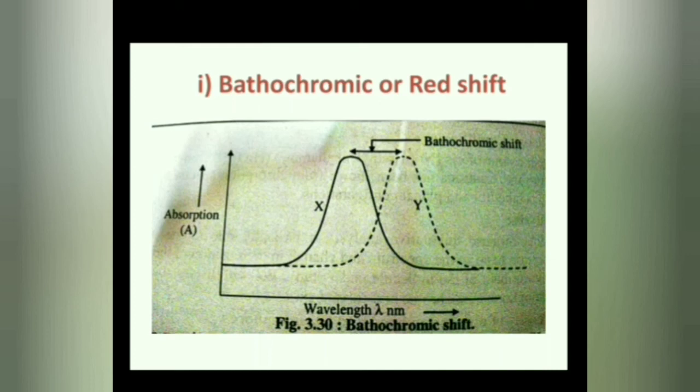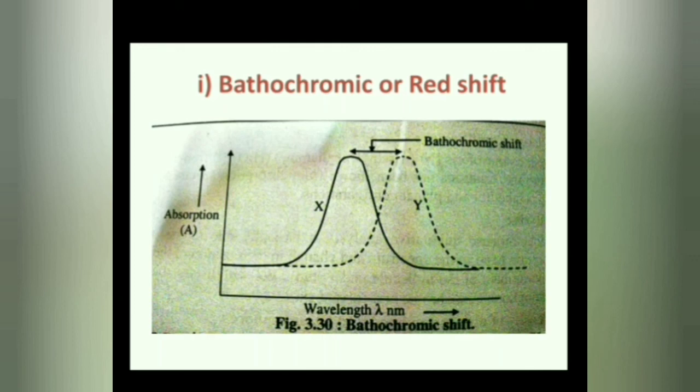Bathochromic shift is also exhibited when two or more chromophores are present in conjugation in a molecule. Such an observed shift helps us understand the configuration of the molecule under study. Here, in general, we focused on shift in maximum wavelength.